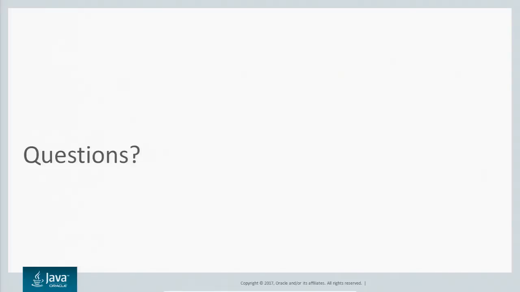With this spec, with this JSR 375, and the implementation, the RI, do you think it's complementary to OpenID Connect or competition? I think they're in a different space.